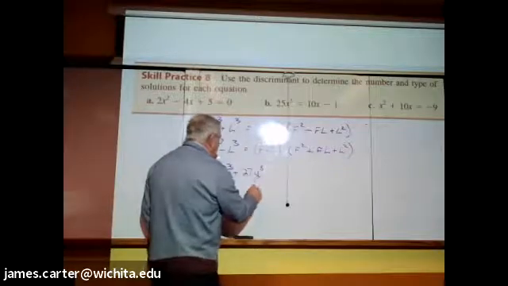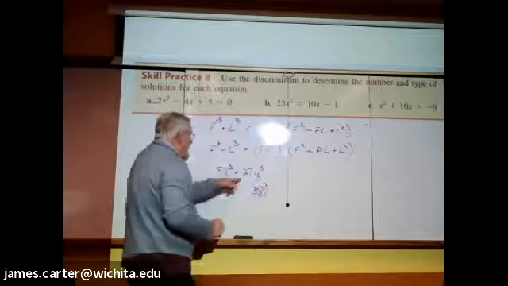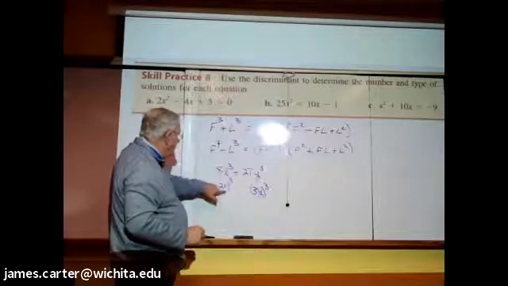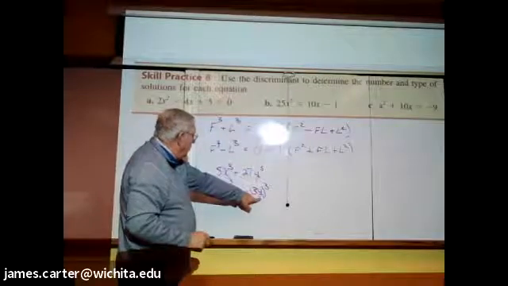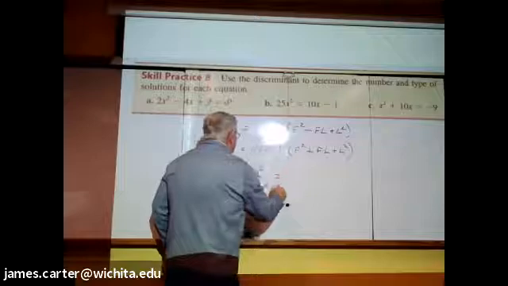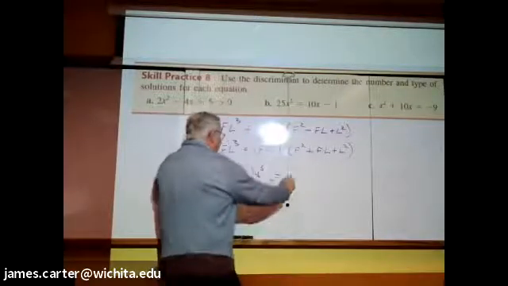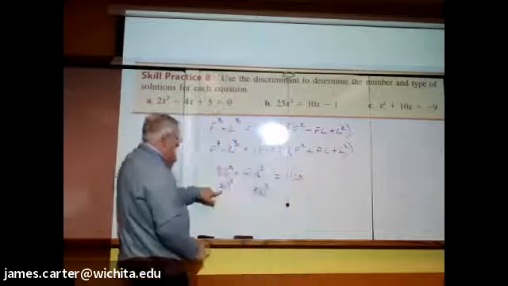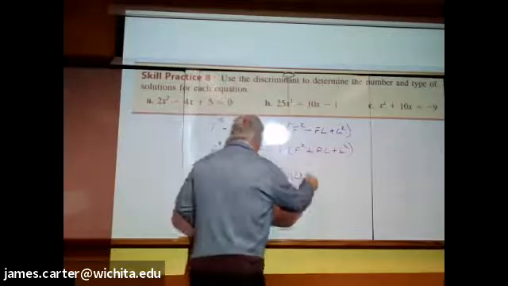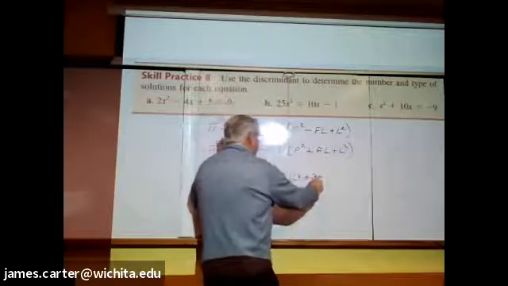My last term is going to be 3y cubed, because cube root of 27 is 3, cube root of 8 is 2, cube root of x cubed is x, cube root of y cubed is y. So now, what is this thing going to equal? Using this format, I'm going to have 2x plus, since this is a plus, okay, and I'm going to have 3y.